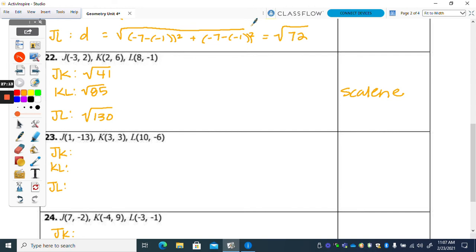It gives me a thing that says non-real answer. Yes. The square root of 260.